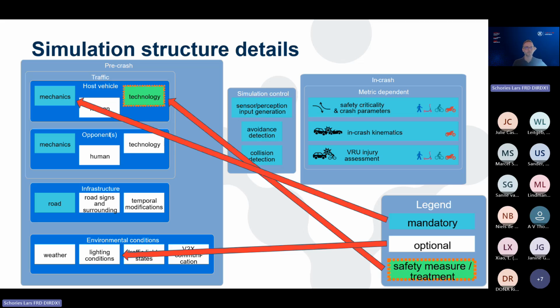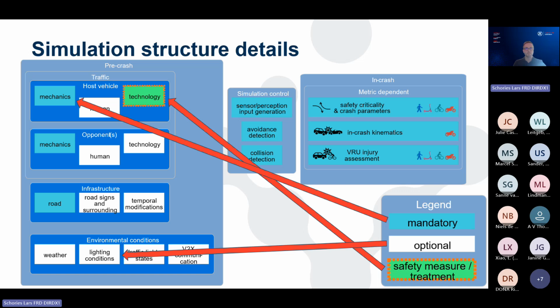Then there are infrastructure elements, road signs, surroundings, temporal modifications, and of course also environmental conditions, weather, lighting conditions, traffic light states, V2X communication maybe as well. Then there is the simulation control part, which you see here on the legend as necessary elements: avoidance detection, collision detection, input generation.